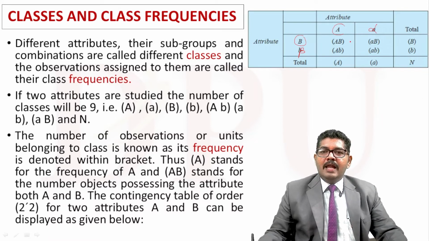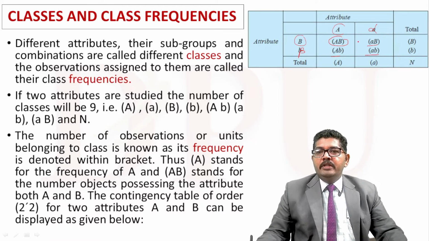Look at these classes. AB is one of the classes, then alpha B is second, then A beta, then we have alpha beta. Addition of AB and alpha B will give us B, then A beta and alpha beta when added give us beta, and so on. So this is how we get 9 classes.